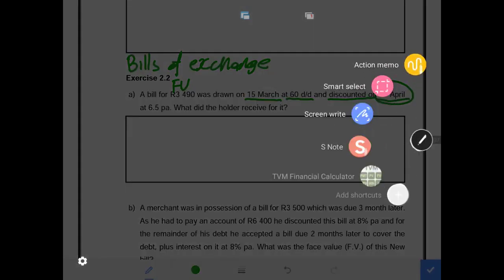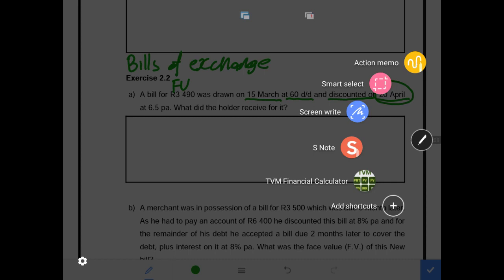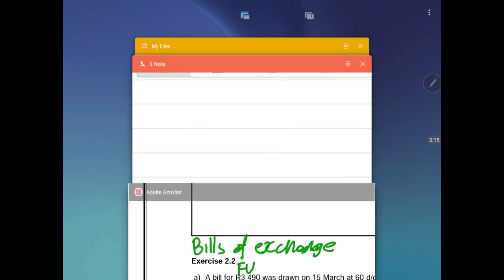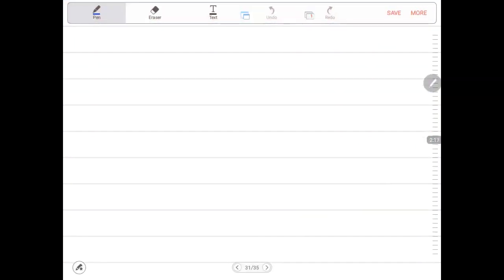Now, let us help each other with some notes to explain all of this. We have this bill that was drawn on the 15th of March, and it is due 60 days after the 15th of March.